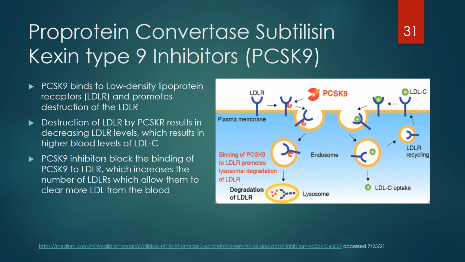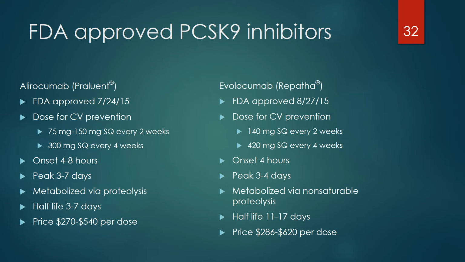Well, these PCSK9s bind to these LDL receptors, and they cause a breakdown of the LDL receptors. So therefore you have fewer LDL receptors, therefore you have less LDL cholesterol being removed from the bloodstream. So basically our PCSK9 inhibitors inhibit that binding and that breakdown of our LDL receptors.